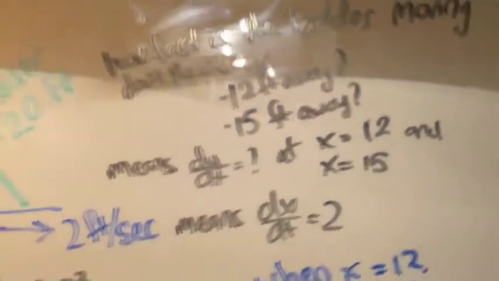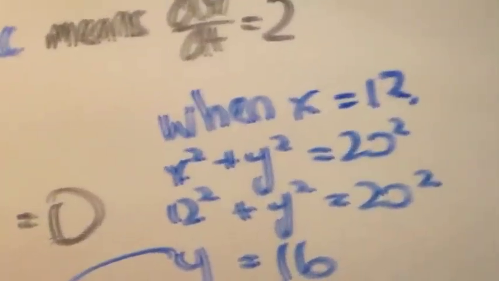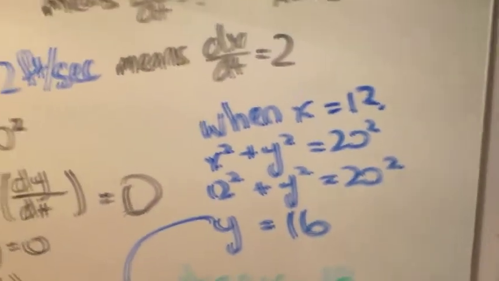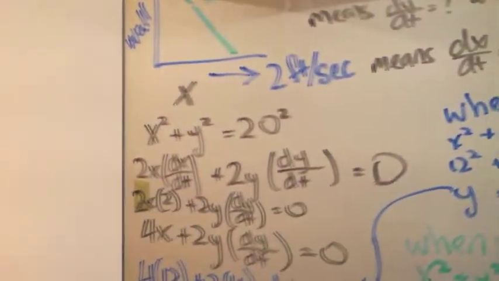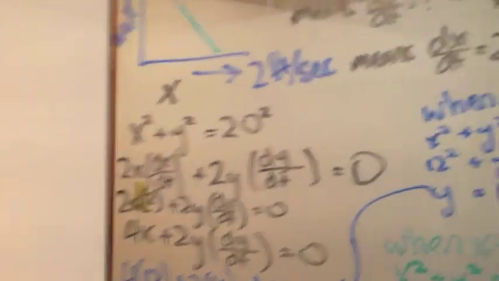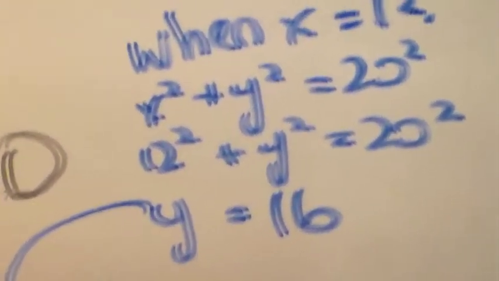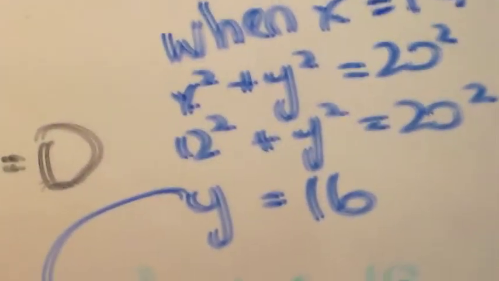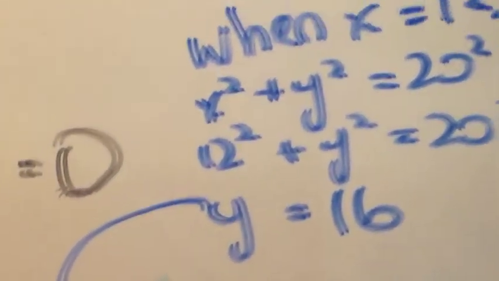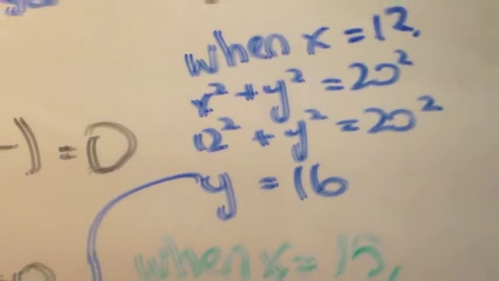Now we have to figure out what happens when x equals 12 and x equals 15. When x equals 12, since x squared plus y squared equals 20 squared, we replace x with 12 and say 12 squared plus y squared equals 20 squared, and get y equals 16.